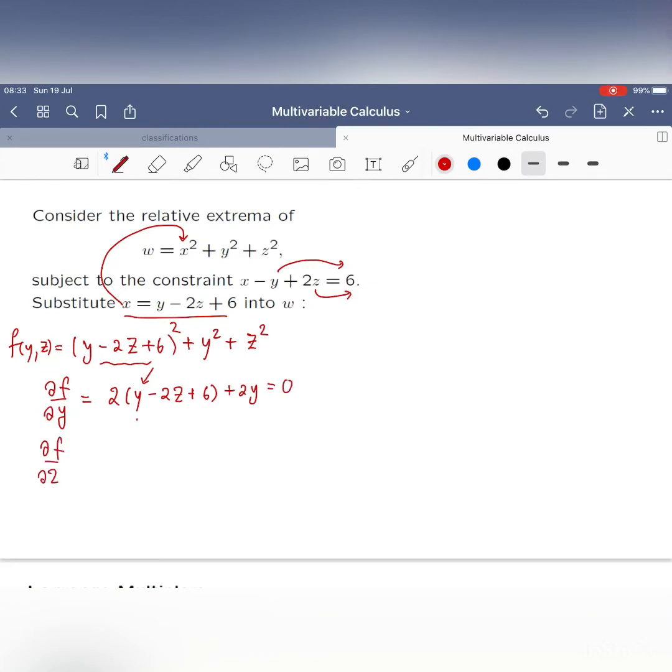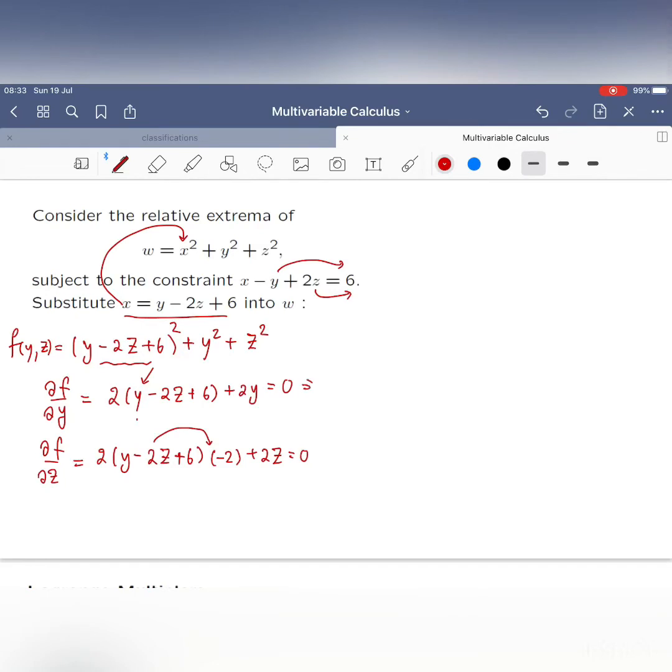On the other hand, you need to find a derivative with respect to another variable z. So you got 2 again using the chain rule, (y − 2z + 6), and then a derivative of the inside with respect to z, so you have −2, and then another 2z as well, equals to 0.